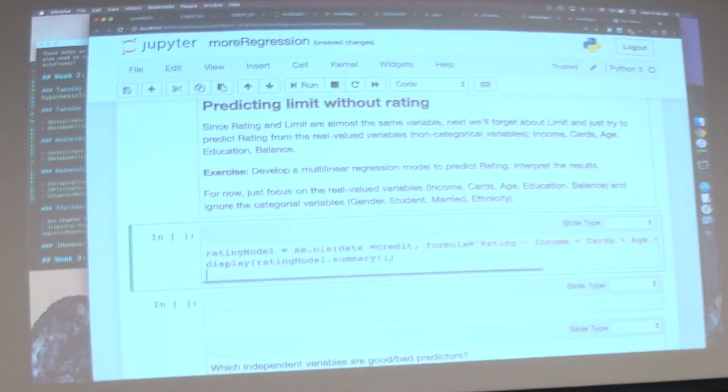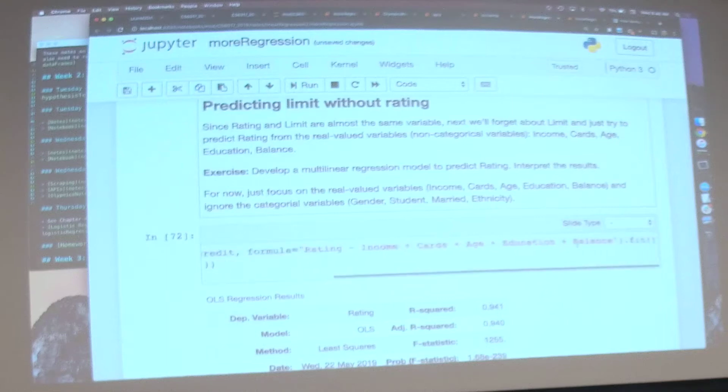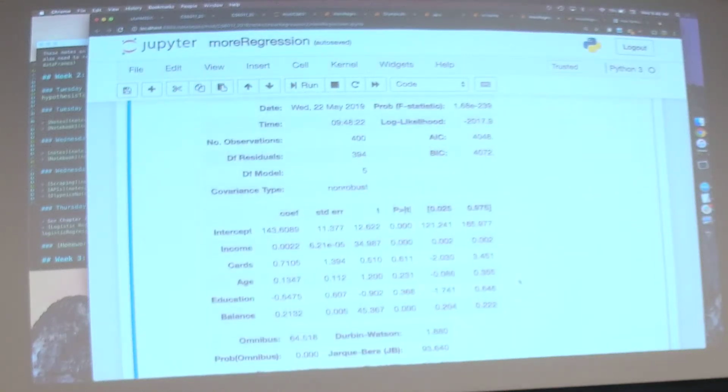I might start by just including everything, throwing the kitchen sink at it, seeing how we do. This does seem to be a pretty accurate model, but probably not everything is all that helpful.